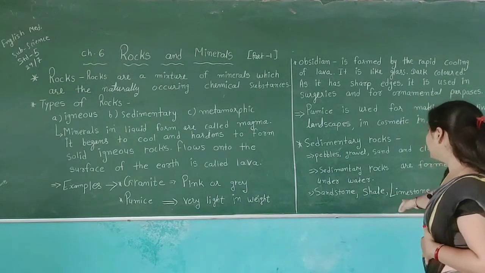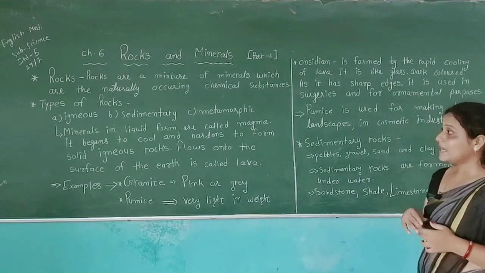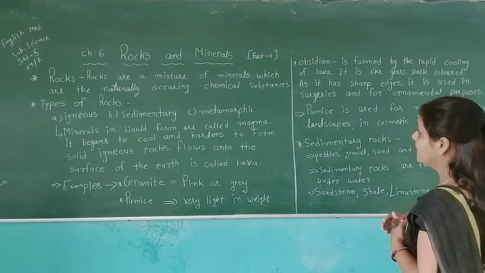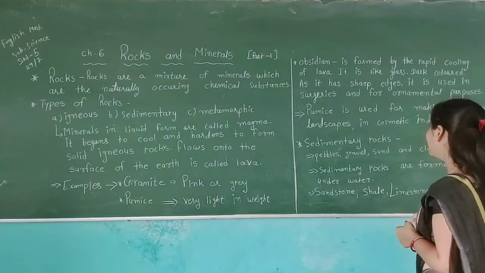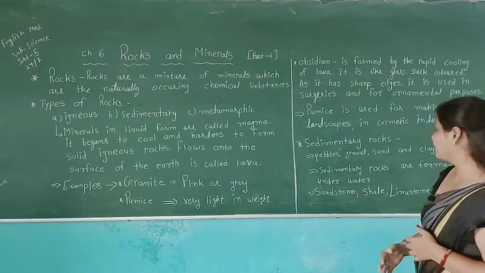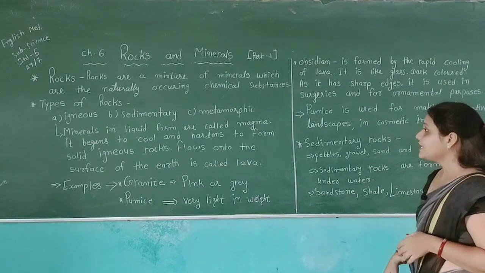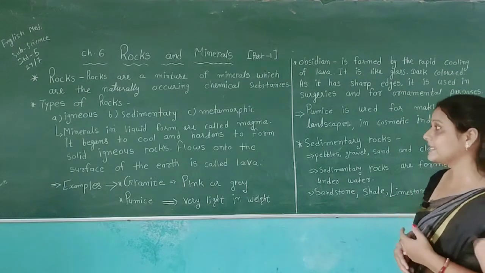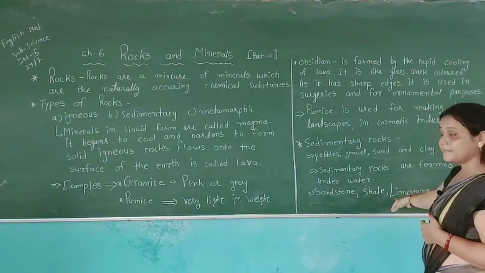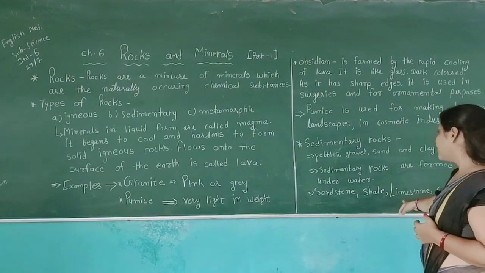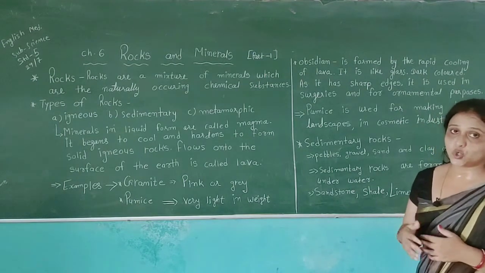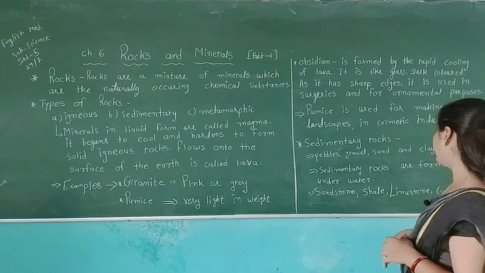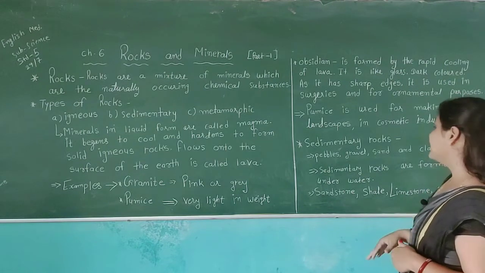Then our other type is limestone. Limestone is made of a mineral known as calcite and bits of animal shells. Limestone is used for construction sites, and also in medicine and some types of cosmetics. Then our last is conglomerate.